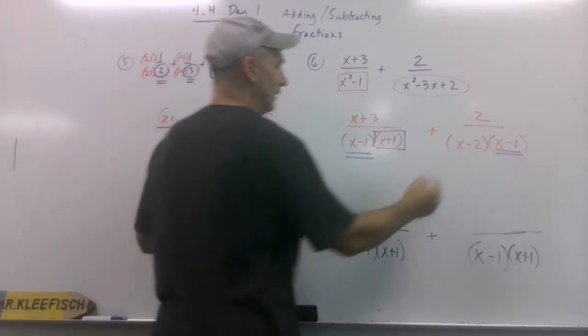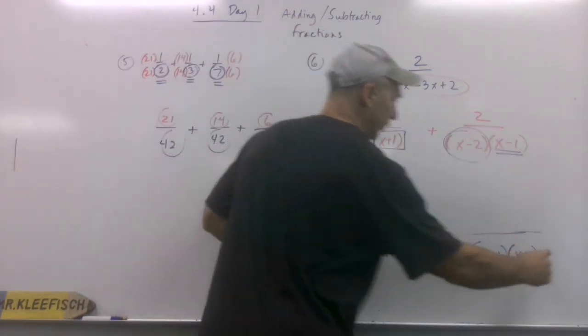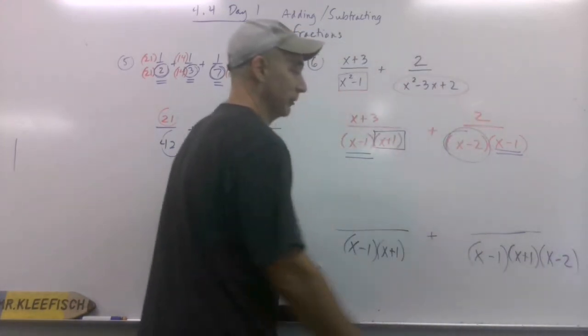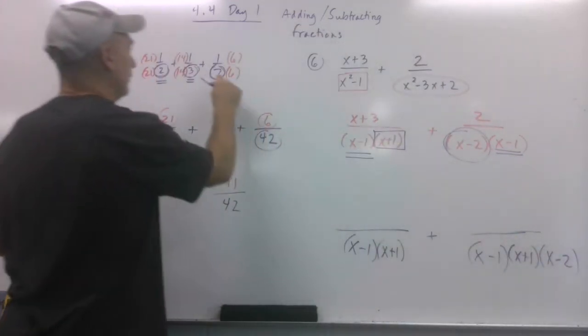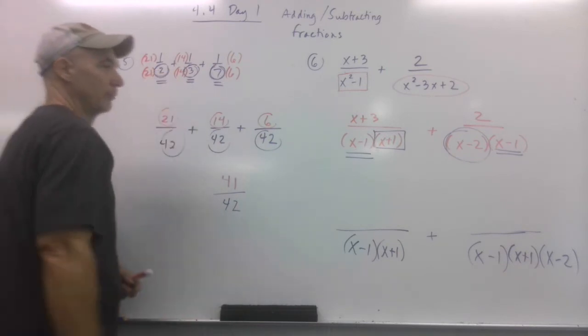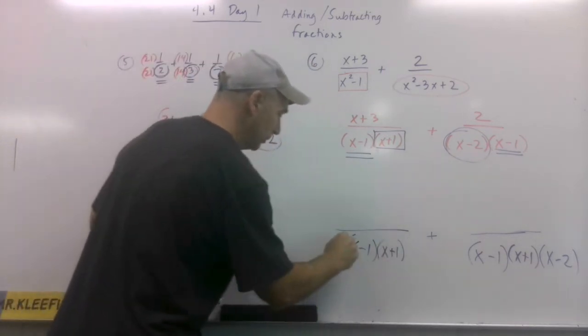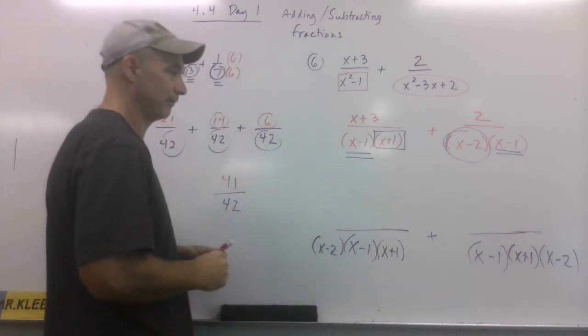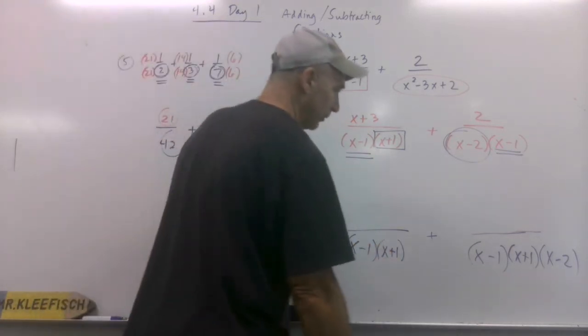And then we've got this x minus 2. So that has to be included in my denominator. This kind of represents 7 times 3 times 2. But then I also need it, I'll just put it over here, x minus 2. Okay? Hope that doesn't throw you, but they're the same thing.